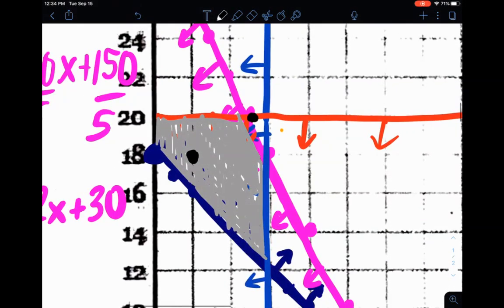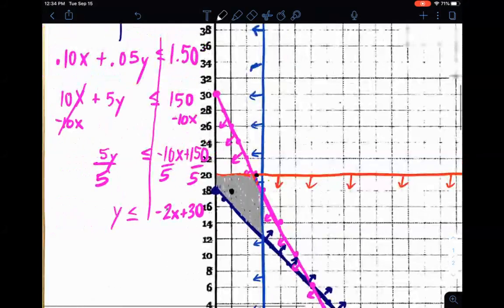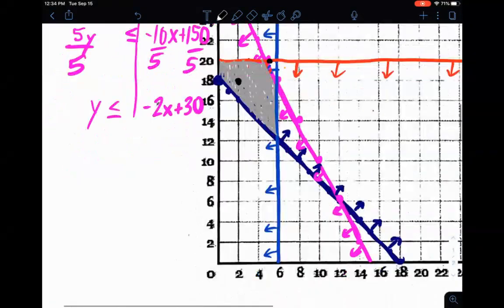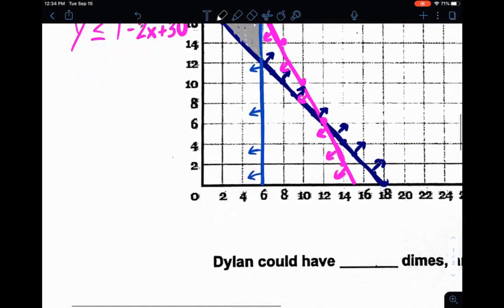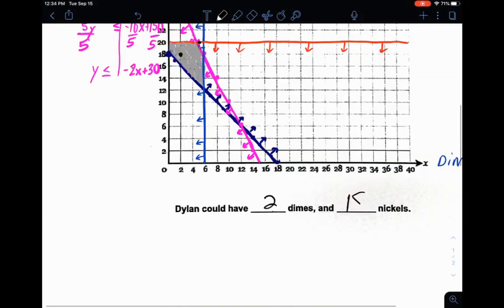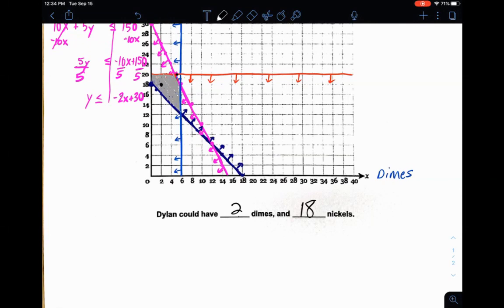If it falls on that line, it would be a solution. So that one we might have to plug it in to see for sure. But okay, so y'all get the point though. Any of the points inside that gray area would work. Also, any points on the line surrounding the gray area would work. Okay, so we could say 218 would work if we wanted to.